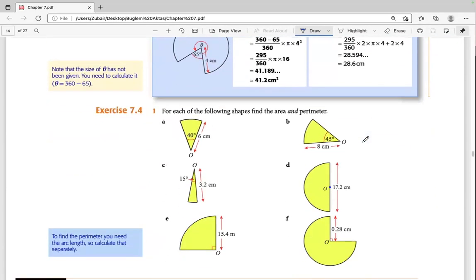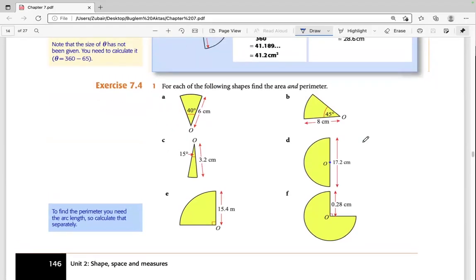Okay. More composite shapes. For each of the following shapes, find the area and perimeter. Trying for B part. For area is angle by 360 into pi r square. So 45 by 360 times 8 squared is 8. I'm getting 8 pi. That is area.